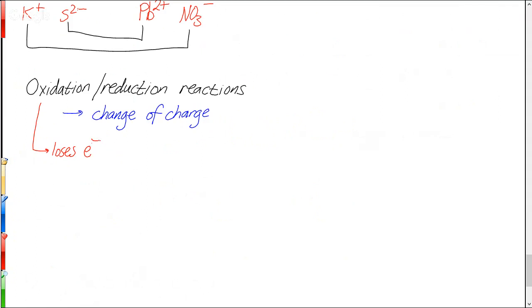So for instance, if potassium goes to K+, that would be considered an oxidation process because it's lost an electron. The opposite, reduction, gains electrons. So for instance, if you had Cl2 and then you end up with Cl-.